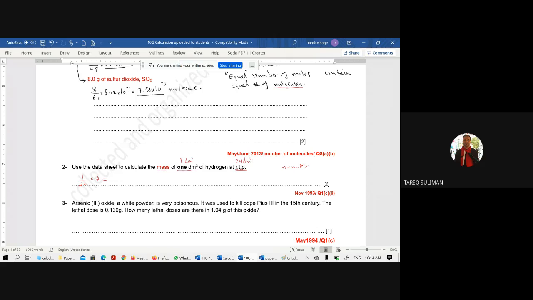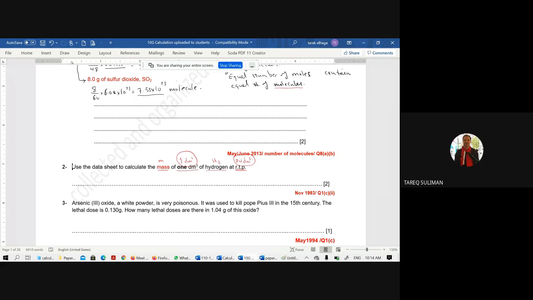Yes, I can repeat. We need the mass of 1 decimeter cube of hydrogen gas. Hydrogen gas is H2. We need the mass. What is the given? 1 decimeter cube of gas at room temperature. As they told us, use the volume of 1 mole of a gas as 24 decimeter cube.